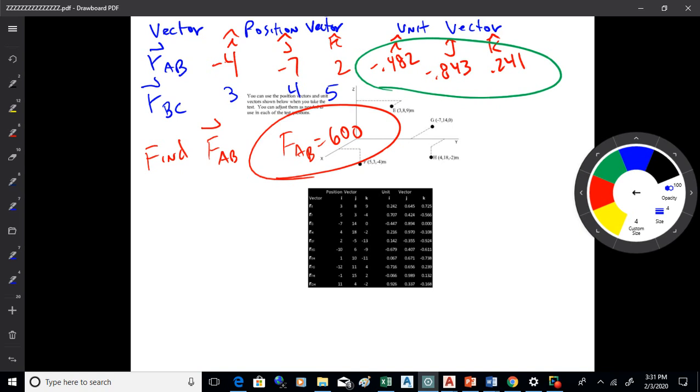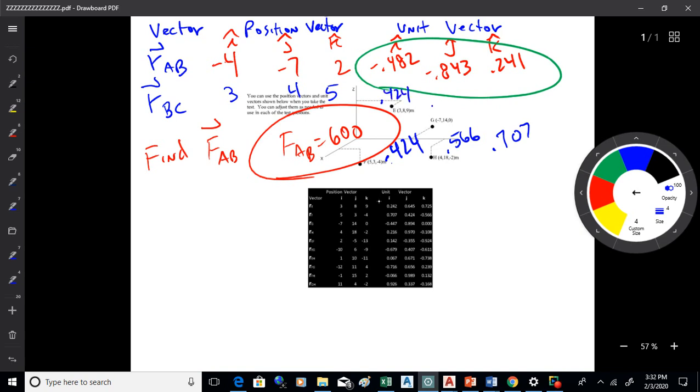Put that in memory. So 0.424, I'm sorry, I'm just kind of figuring out what these would be. 0.424, 0.566, 0.707.